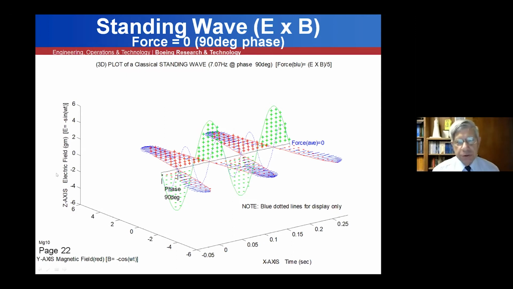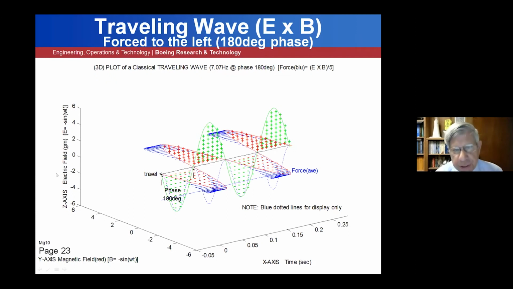And then we go to 180 degrees. This one is when the B field is at positive maximum, the E field is a positive maximum, and you do the E cross B, and you get a negative wave pushing to the left this time, so it goes the opposite direction.